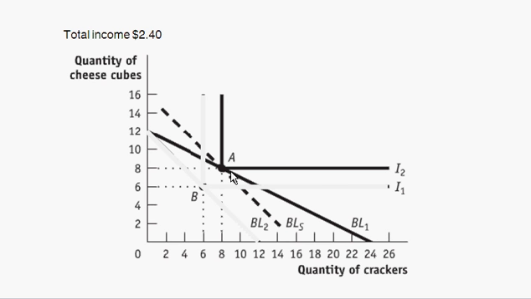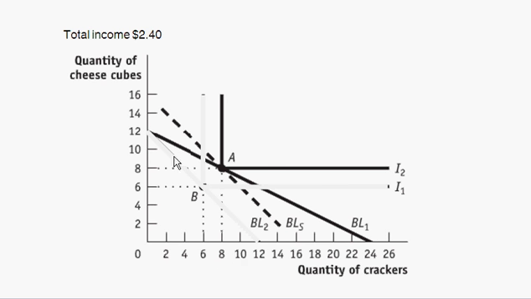Given that shape of the indifference curve, these L-shaped indifference curves, Crandall is going to maximize utility such that, wherever they are on the budget constraint, the number of cheese cubes is going to exactly match the number of crackers.